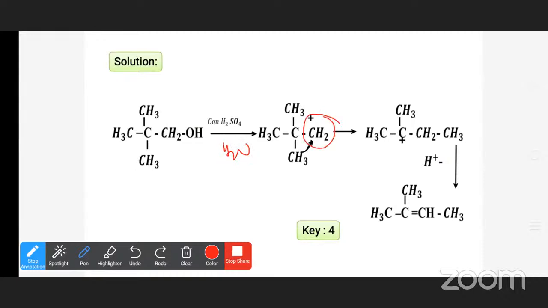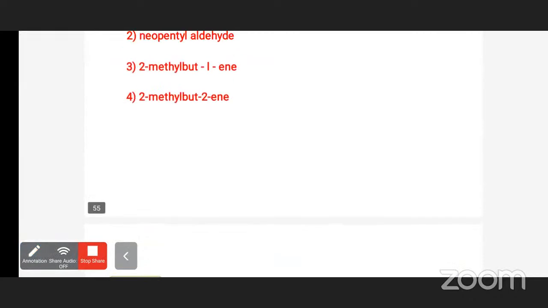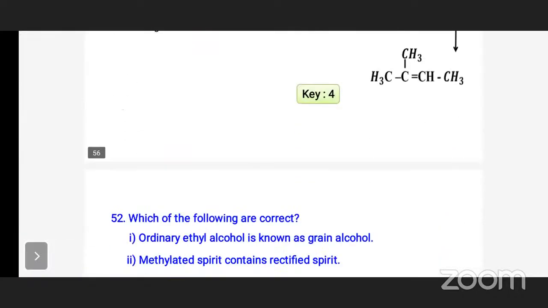So the shift of hydrogen, CH3, a carbocation is formed. The bond is shifted to carbon. So 1, 2, 3, 4. 2-methyl but-2-ene is the right option. Fourth one is the correct option.